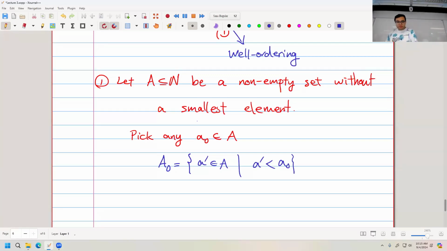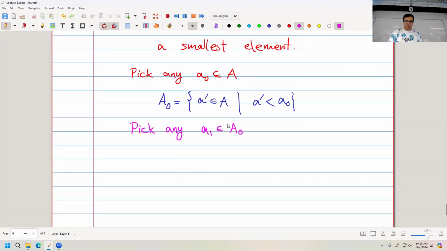So A0 is a set that is non-empty and doesn't have a smallest element. Just pick one element of A0. So now I say pick any A1 in A0.